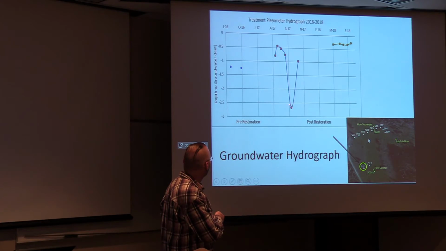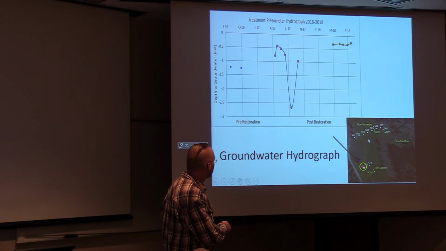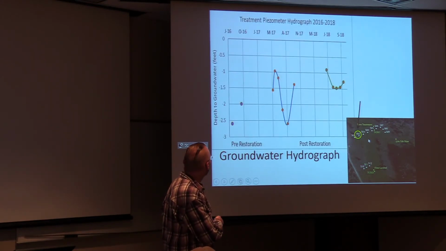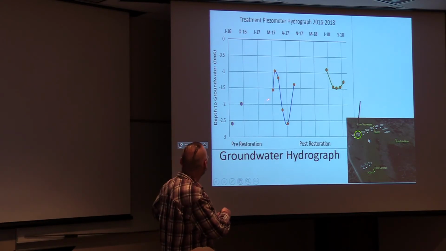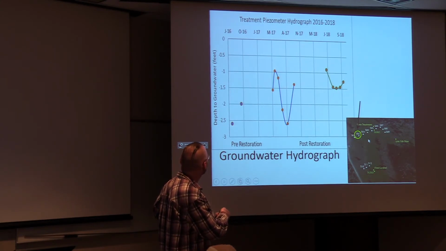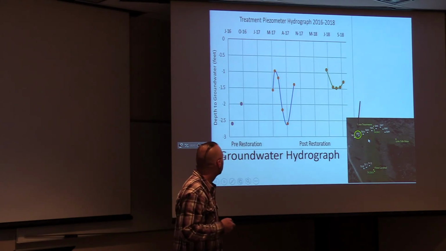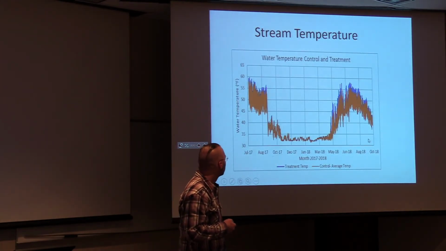We don't know what's causing that or why 17 and 18 are different, but even over on the bench, further away from restoration, we see increase in water levels during high and low flows. And then we kind of see a similar pattern. Not sure what's causing the depression and the difference in 18 and 17, but we see differences in water levels.